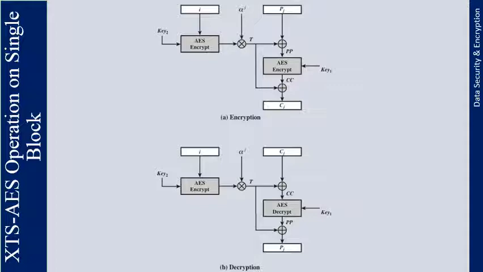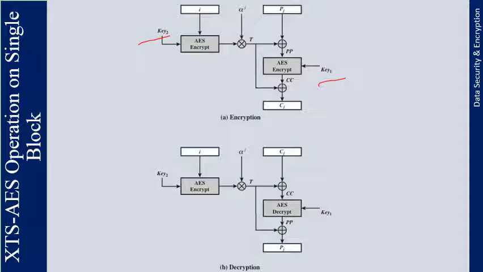So first of all, there is a key; a 256 or 512-bit AES key can be used. And there are two keys, so this is passed as a concatenation of two fields of equal size called key 1 and key 2, such that key 1 is equivalent to key 2.